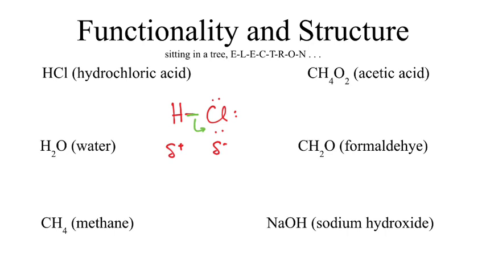Okay, so if we switch this up and look at a new example, let's take a look at water. And if we were to look at the Lewis structure for water, we might have something along these lines, right? I don't know why I decided to draw those in red. Go back and draw them in black. Okay, and we could go through and establish a dipole within an individual bond.